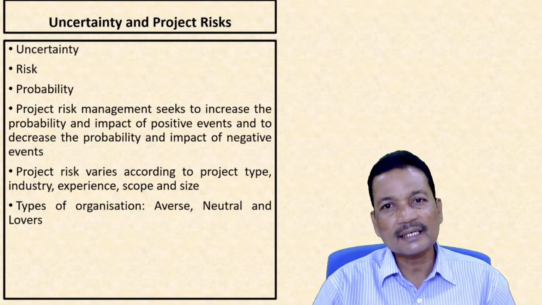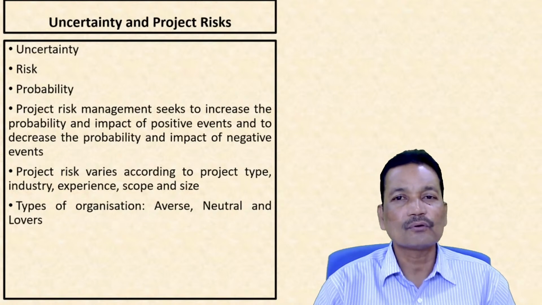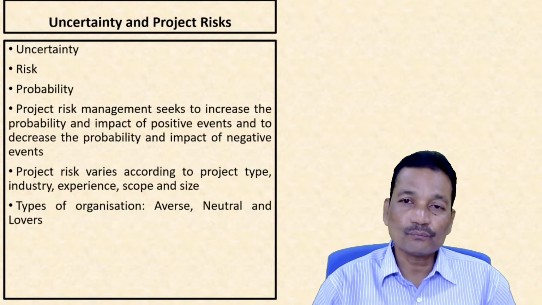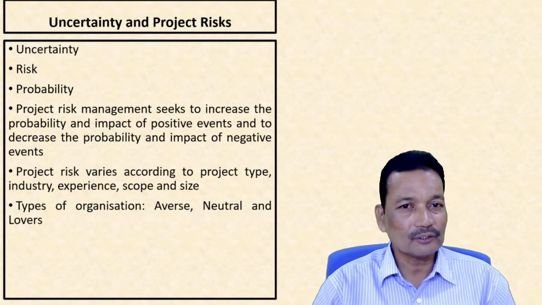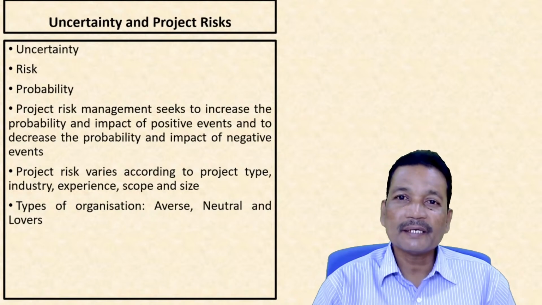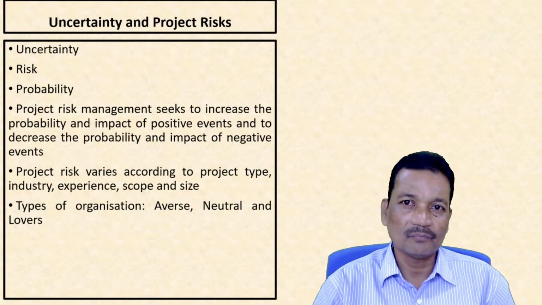Yes, now it has an impact on the project. What kind of impact? Now there is a deviation of 2 days. Now the question is, is it good for the project or bad for the project? Now you are saving 2 days. That means the impact is positive or good.